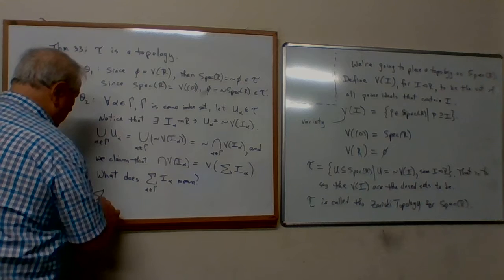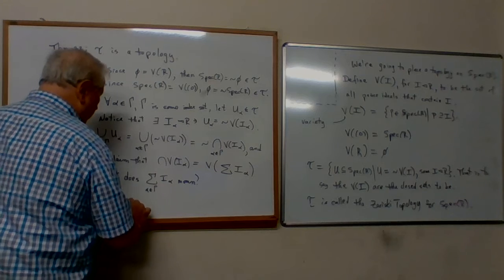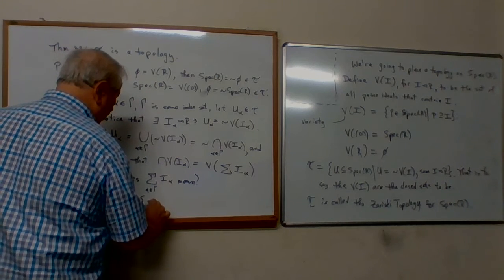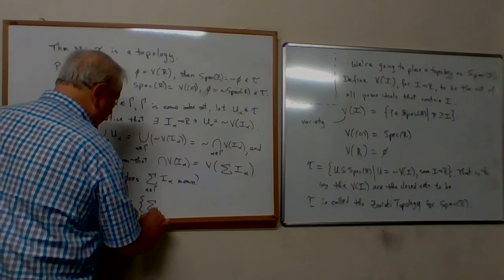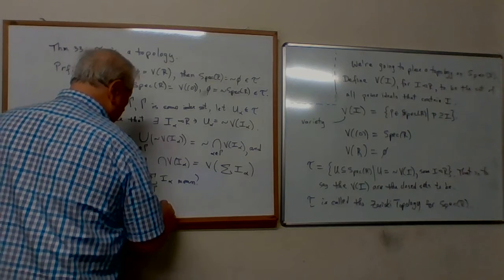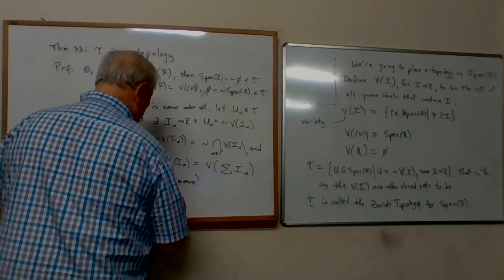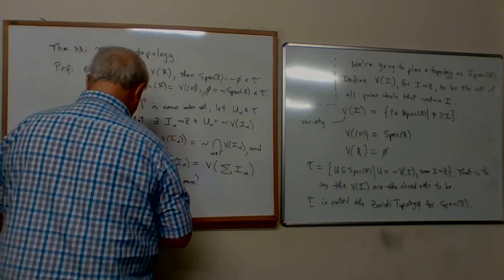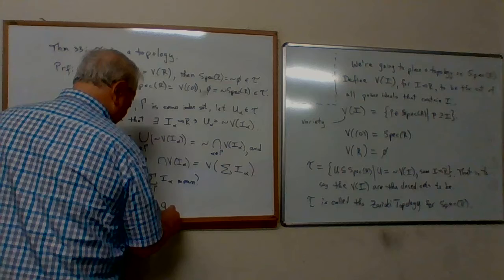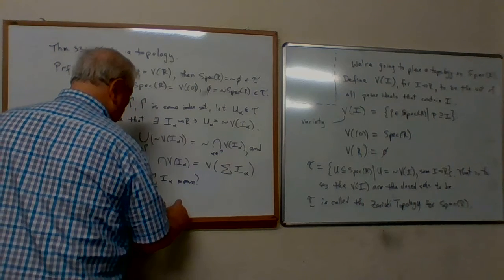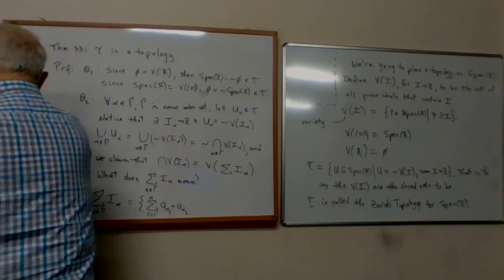So the sum over alpha in gamma of I sub alpha is equal to the set of all finite sums, so we'll say from i equals 1 to n of a sub alpha 1 plus a sub alpha 2.